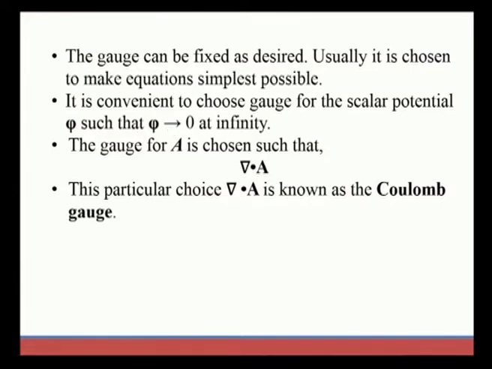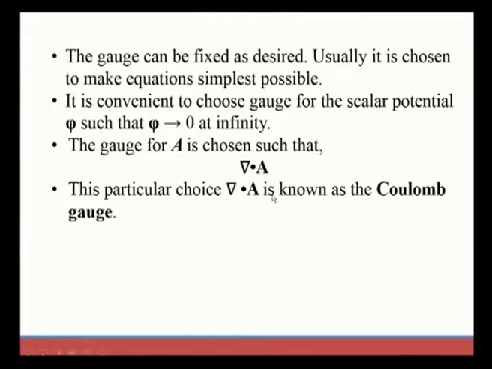For the scalar potential, we consider phi tends to 0 at infinity. And the gauge for A is chosen such that del dot A equals zero; this particular choice of del dot A is known as the Coulomb gauge.